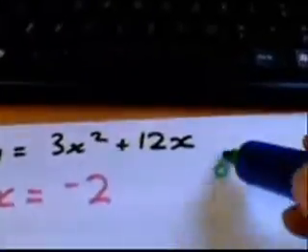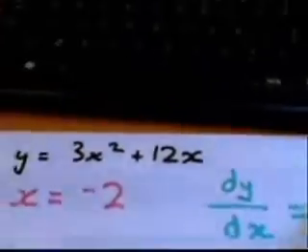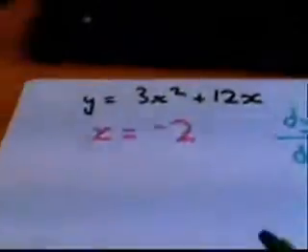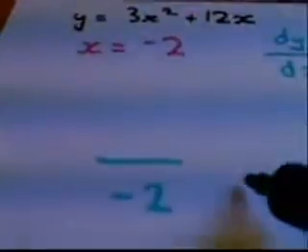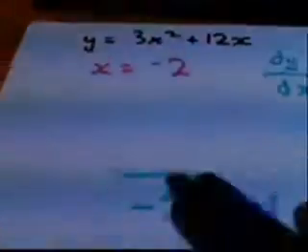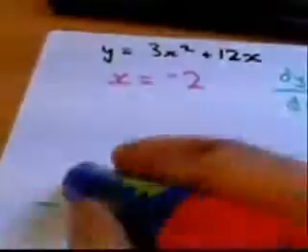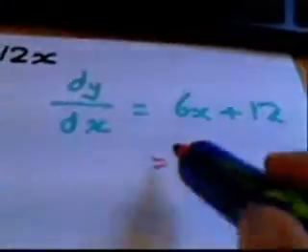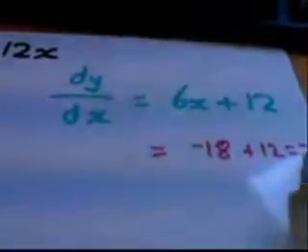Okay, so far we found out that the gradient is 0 when x was negative 2. We also found out the gradient dy dx was 6x plus 12. So we're now looking at the point where the graph is flat, at x is negative 2. I'm now going to look either side of negative 2, at negative 1 and negative 3. If I substitute negative 3 into my formula for the gradient, I get negative 18 plus 12, which is negative 6.